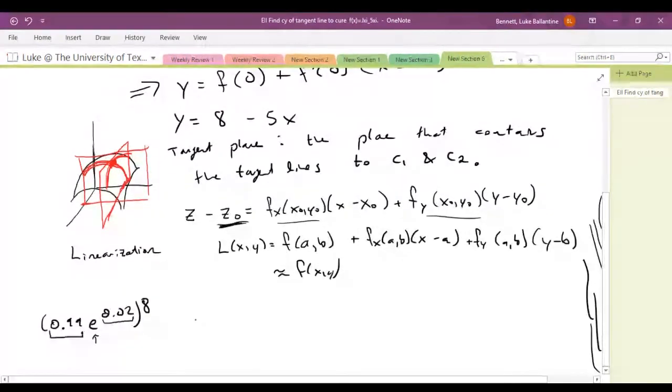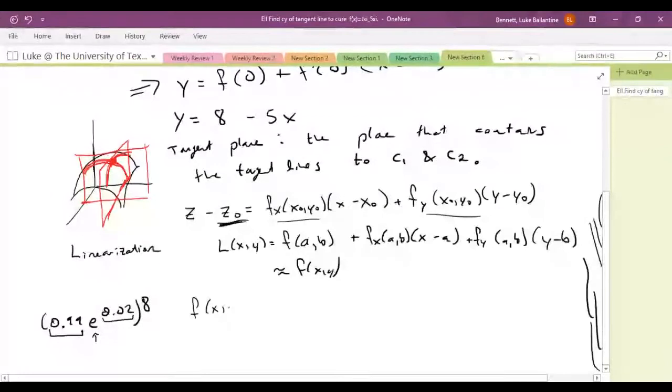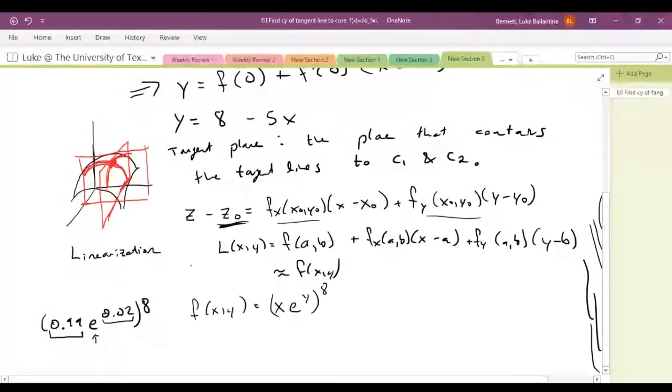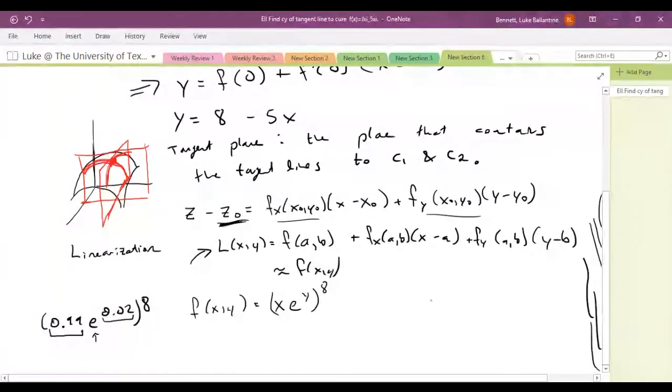So I'm going to define a function. I'm going to say f of x y is x e to the y, all to the 8th. And we're going to do this linearization near the point.